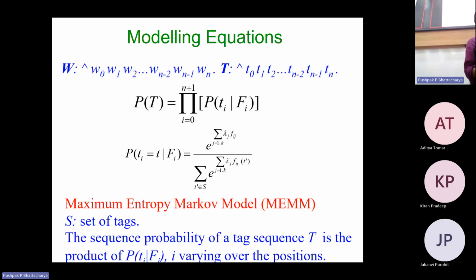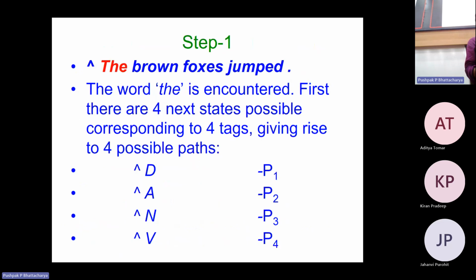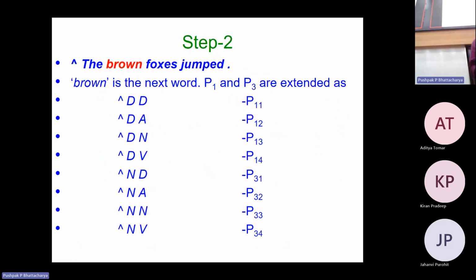From these, I should be able to compute the path probability of P1 and P2 and P3, P4 very easily as the product. Okay. So we get P1, P3. So we get hat D and hat N as 2 partial paths.